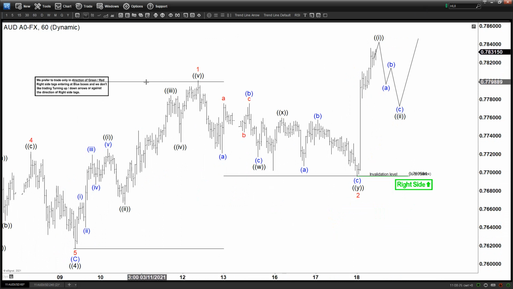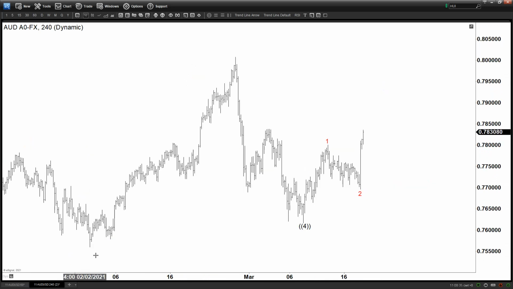Now let's take a look at the larger degree. We're going to look at the 4-hour, and remember the position of this 1 and 2 in red, as well as 4 in black. Looking at this, we can conclude that this peak needs to be a wave 3. That means we are now within wave 5, and wave 5 should be in the form of 5 waves.